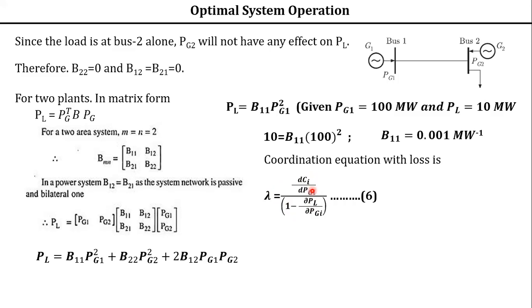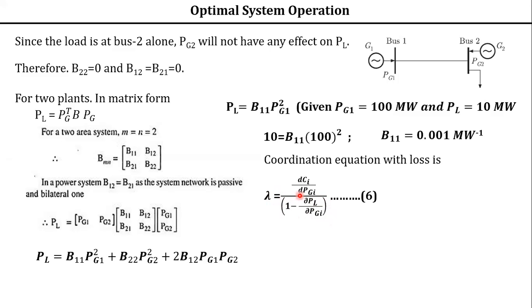Finally, dCi by dPGi we have written as ICi, that is incremental cost, is equal to lambda into this term. The term dou PL by dou PGi we have replaced with ITLi, the incremental transmission loss. So lambda of (1 minus ITLi) is equal to ICi.